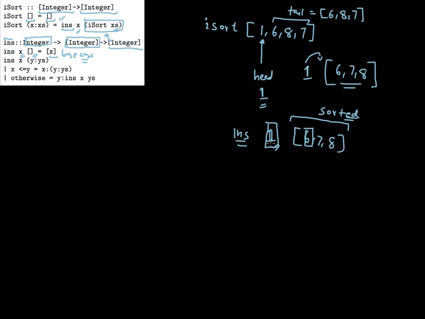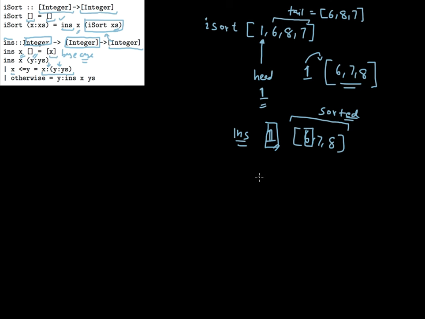The way insertion works here is, let's compare 1 and 6. If this x over here happens to be less than or equal to this value y, I'm going to give back a new list. Remember, cons is the construction operator, where you create a list.